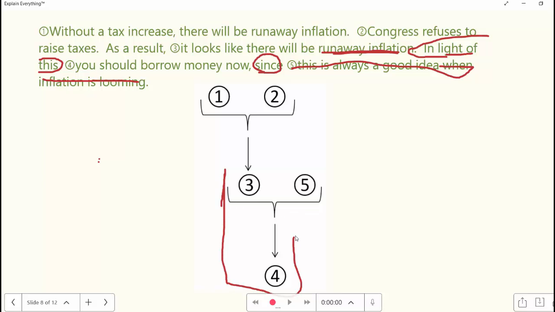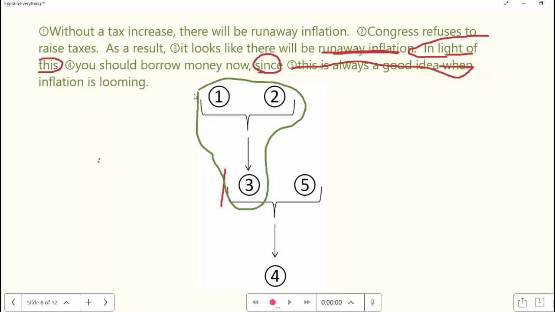And then this talks about, or corresponds to, this part of the diagram. So first we get a sub-argument. Let me back this up again. Use a different color. So we have a sub-argument where 1 and 2 work together to get us to 3.